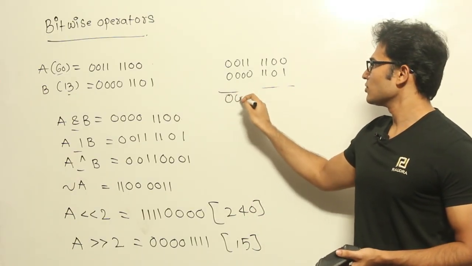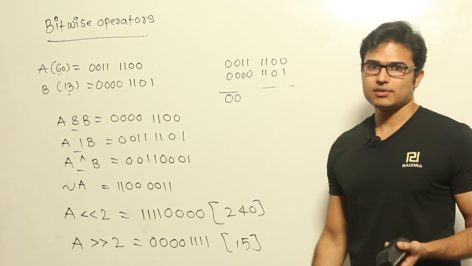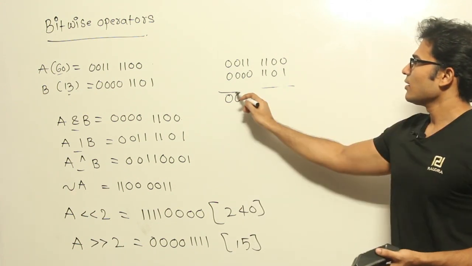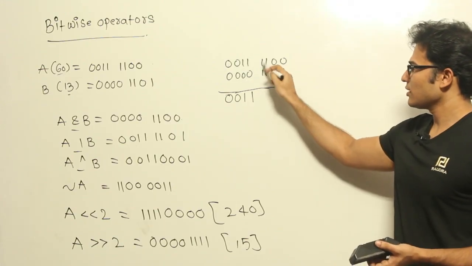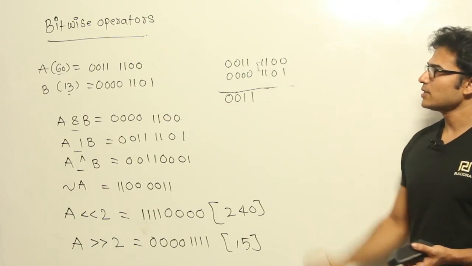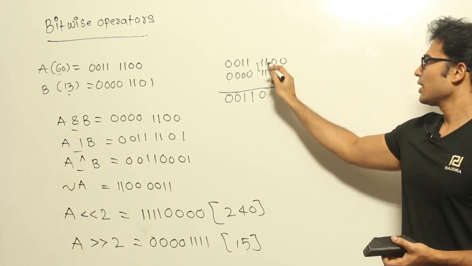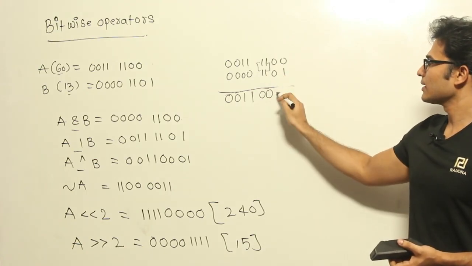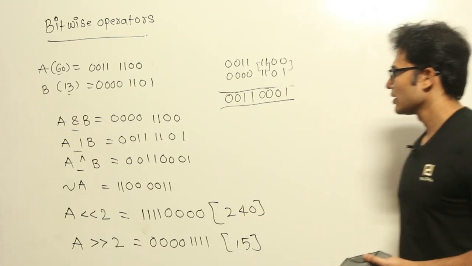Now 0 and 1, the sum is 1, and the remainder when I divide by 2 is again 1. For 1 and 1, the sum is 2, and the remainder when I divide by 2 is 0. And again the same thing here, 0, 0 and 1. So this is exclusive OR.